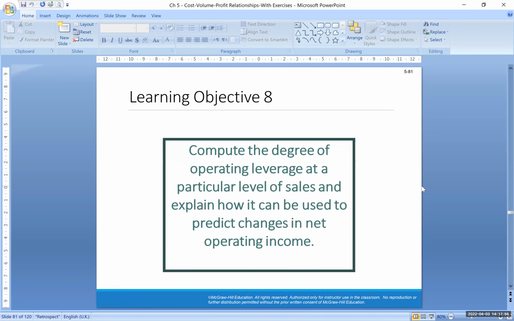Now we will explain something called leverage or operating leverage. The operating leverage is a measure of how sensitive net operating income is to percentage changes in sales.